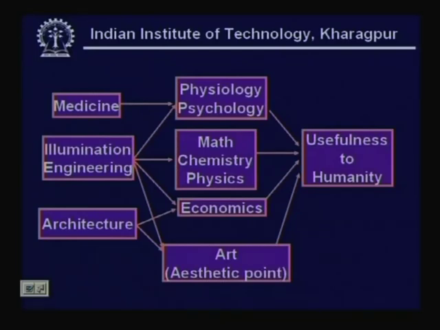All this not compromising on aesthetics. So, illumination engineering brings in a set of new professionals who are needed to have much broader areas of sciences and art rather than any other profession like medicine or architecture.